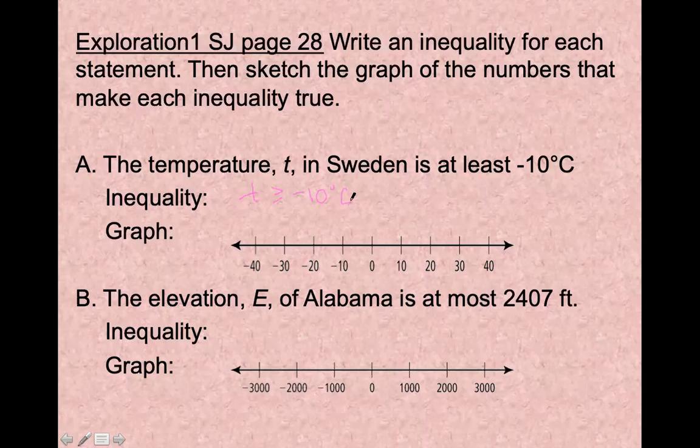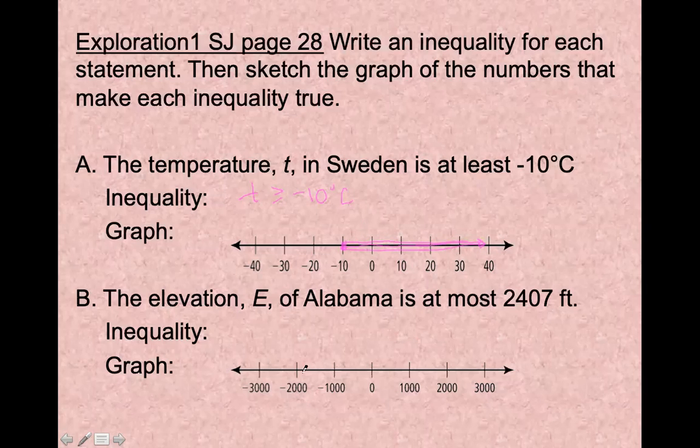All right. So let's see, where would that be on the number line? Well, the graph would be, it could be -10, right? It says it's at least that. But it could be here. Could it be 0? Sure. And so it'd be all of these numbers going to the right. I'm going to fill that in. It's all this side.